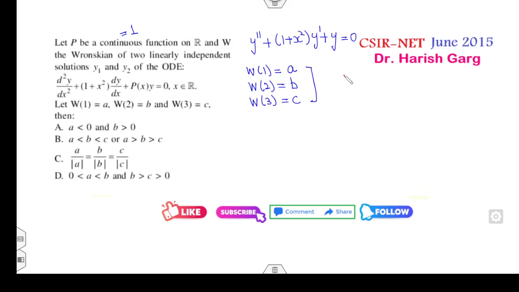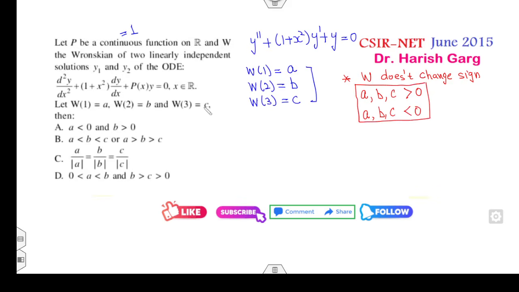So again, I can use that the Wronskian does not change sign. What does that mean? That means either A, B, C are all positive, or A, B, C are all negative.